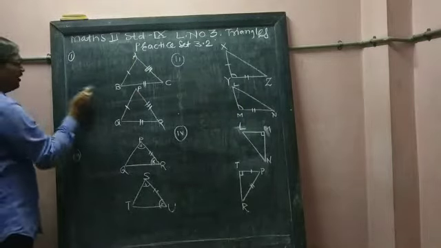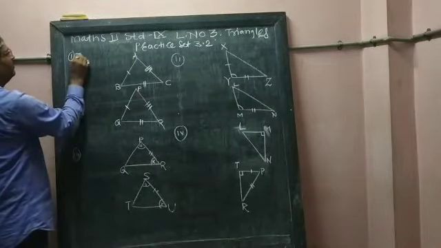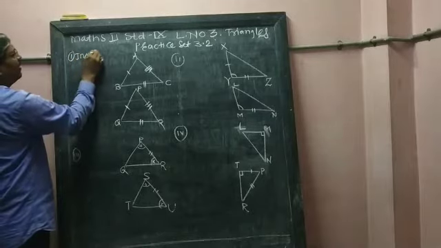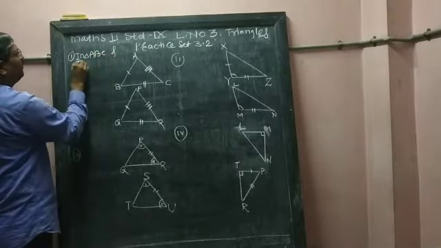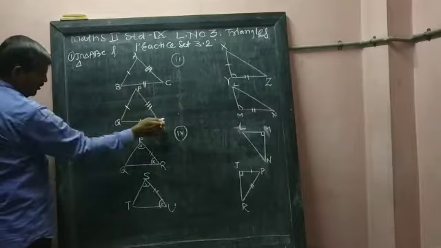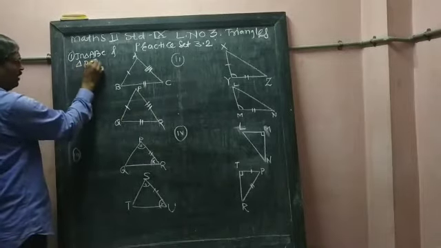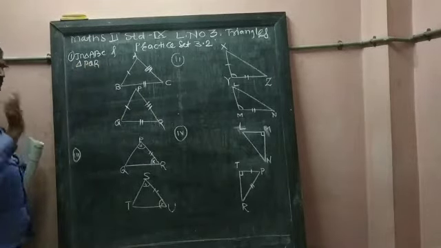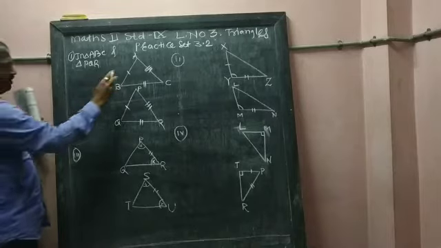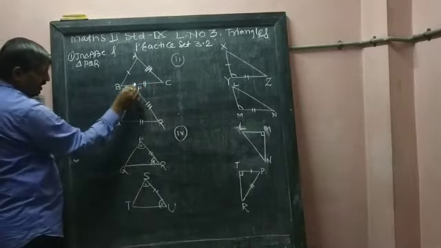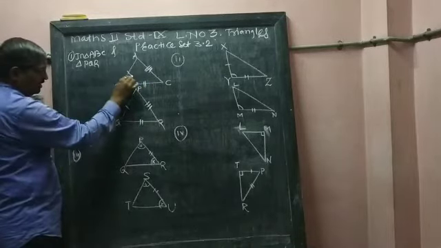So I am going to take first triangle ABC and triangle PQR. Directly I am solving it. Look here. In triangle ABC and triangle PQR, here it is a single line.